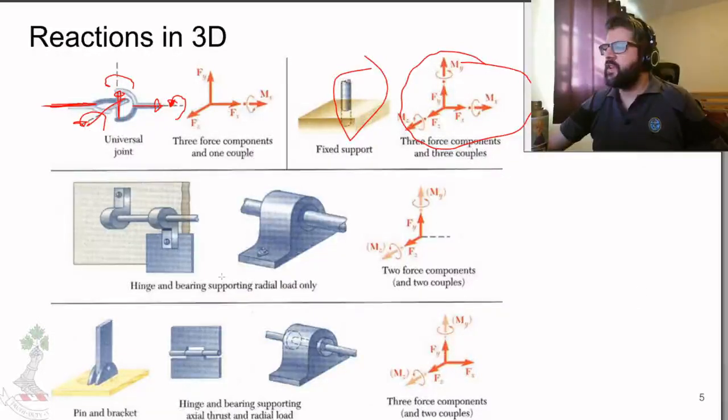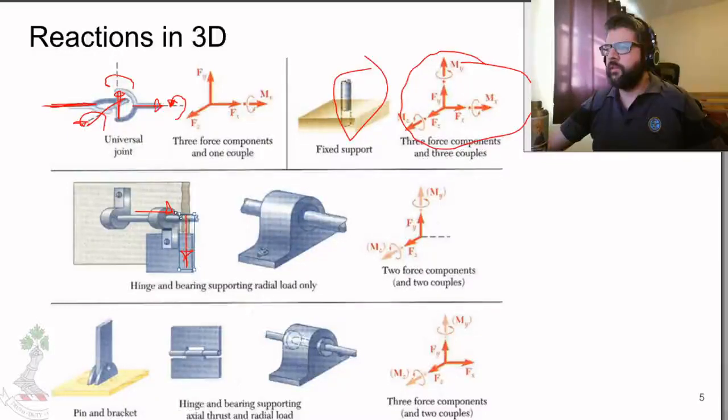You could have a hinge and bearing that supports a radial load only, so something like this could allow the pin in the hinge here to slide freely in and out. But obviously, it's still going to resist lateral movement in this direction.